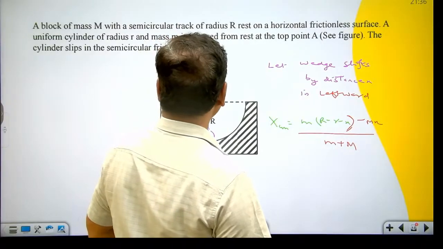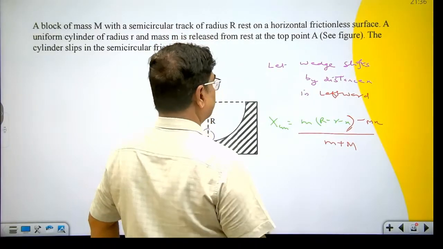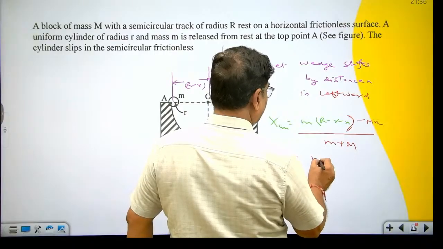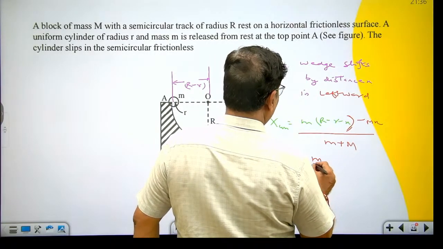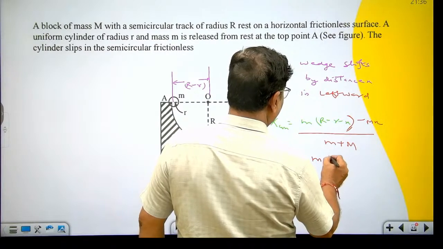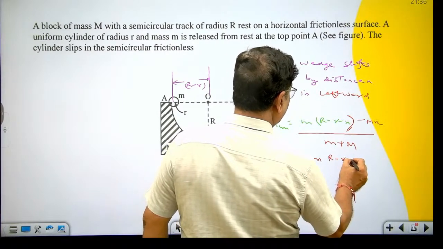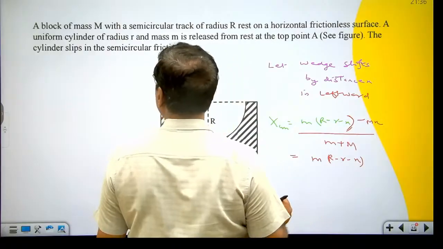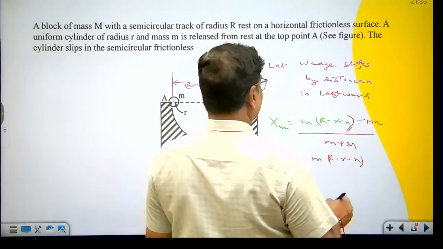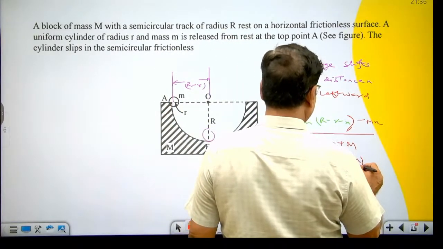Now very simple to find. m(R minus r) minus mx minus Mx.